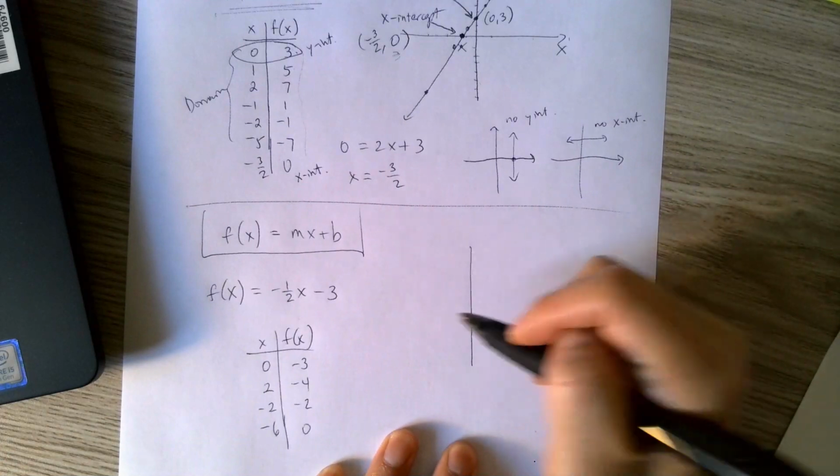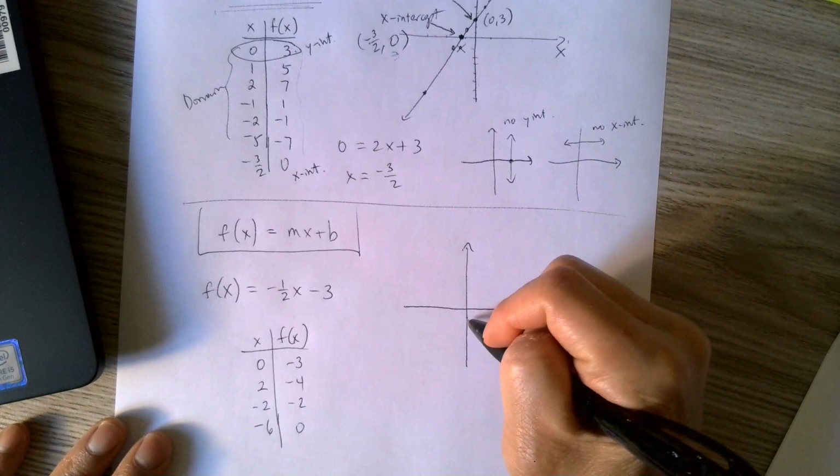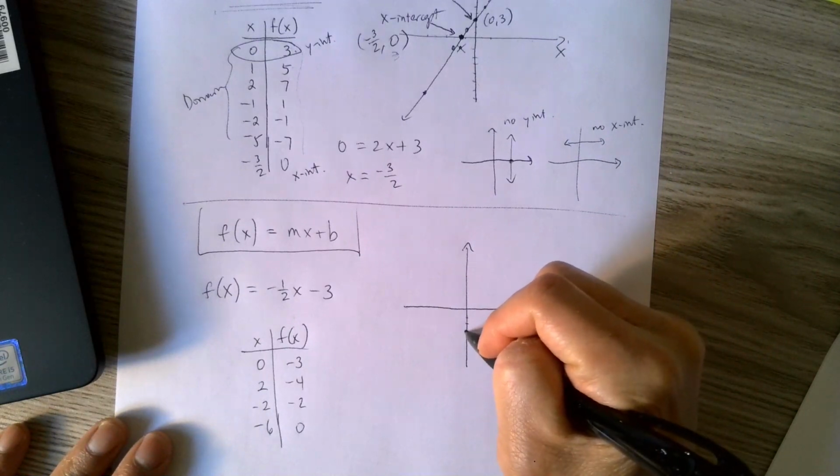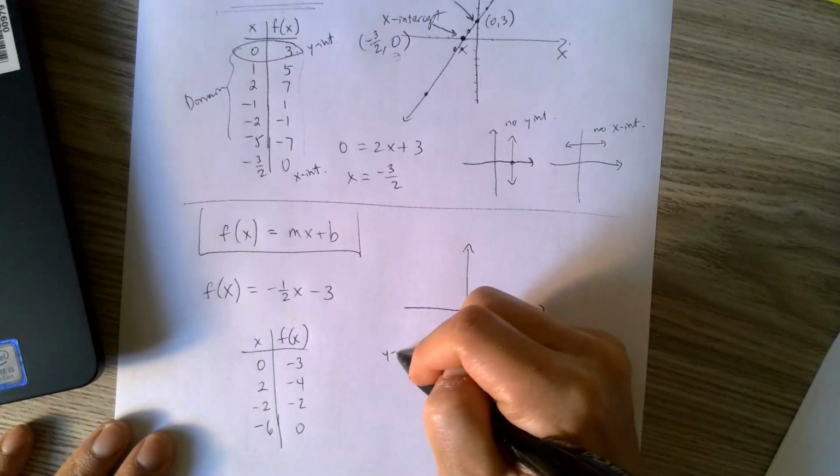And I will plot it over here. That's 0, negative 3. That's my y-intercept.